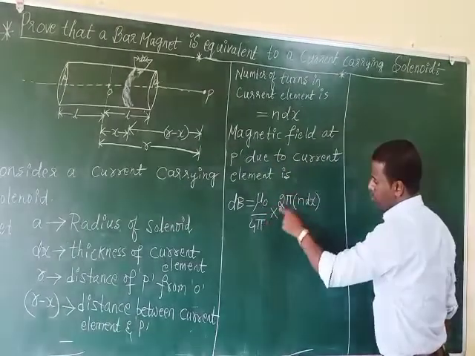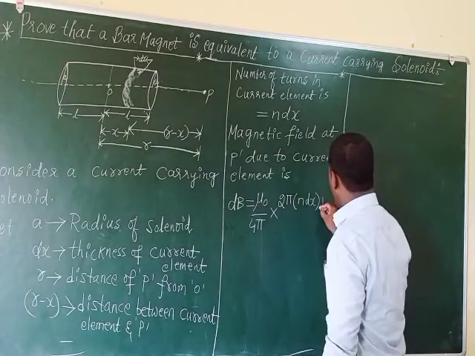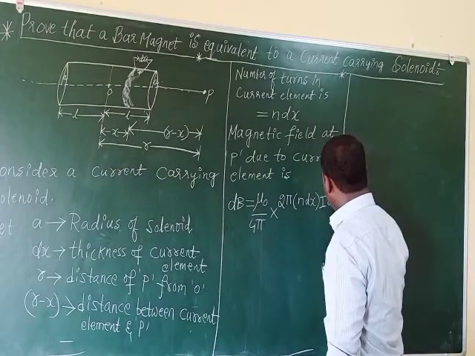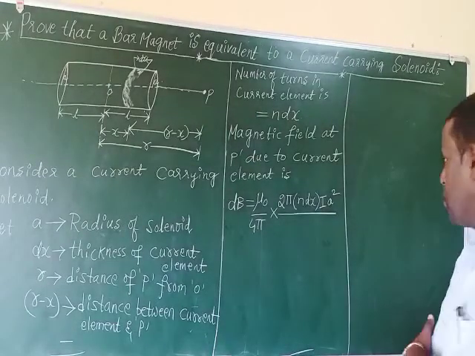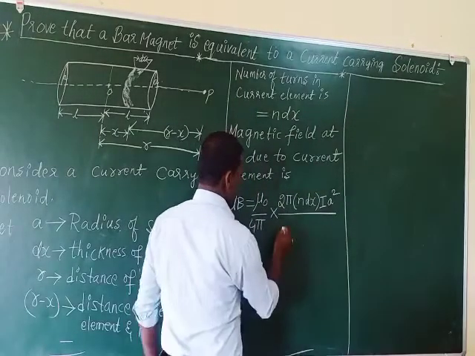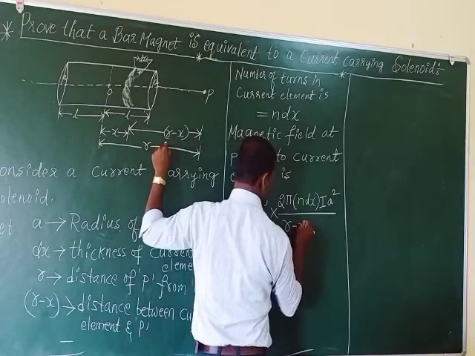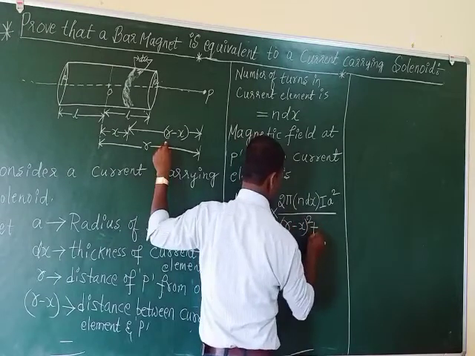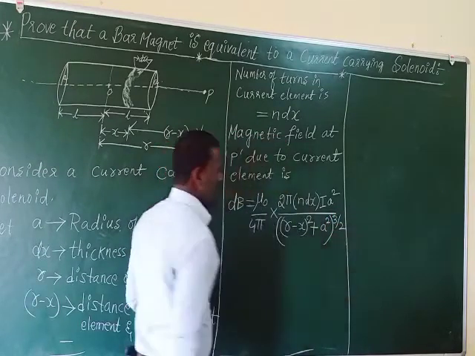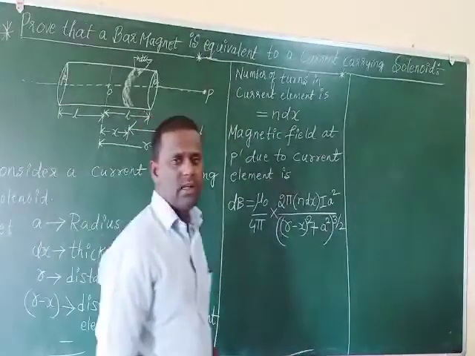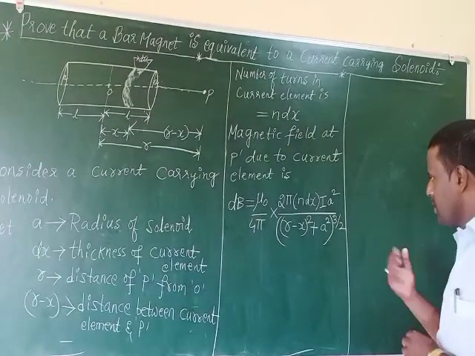Current is I and radius is a square, 2 pi n dx into I a square divided by r minus x whole square plus a square, whole to the power of 3 by 2, where r minus x is the distance between point P and the current element. This is the standard formula which you will learn in the moving charges chapter.